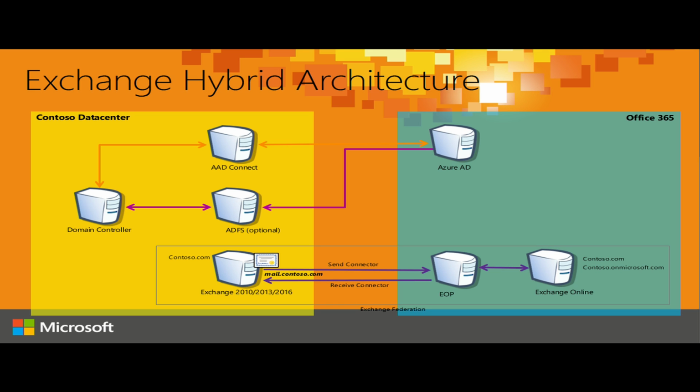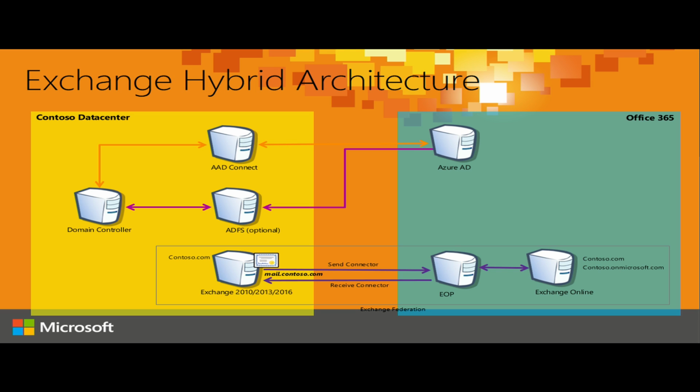So if you've got Exchange 2003, you can coexist with Exchange 2007 and Exchange 2010. If you're on Exchange 2007, you could coexist with Exchange 2010 and Exchange 2013. If you're on Exchange 2013 or 2010, then you could coexist with up to 2016. So remember, take note of that N-2 rule.